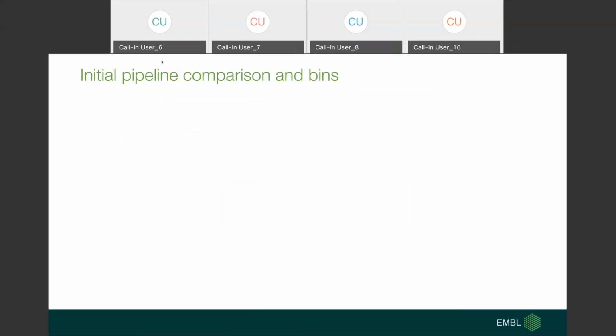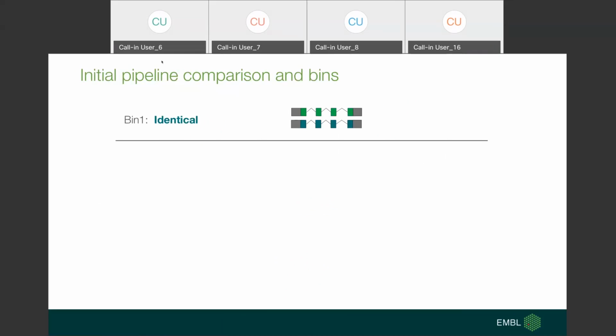So when we ran our pipelines, the first step was to compare the outputs, and we first found the hoped for and wanted bin.